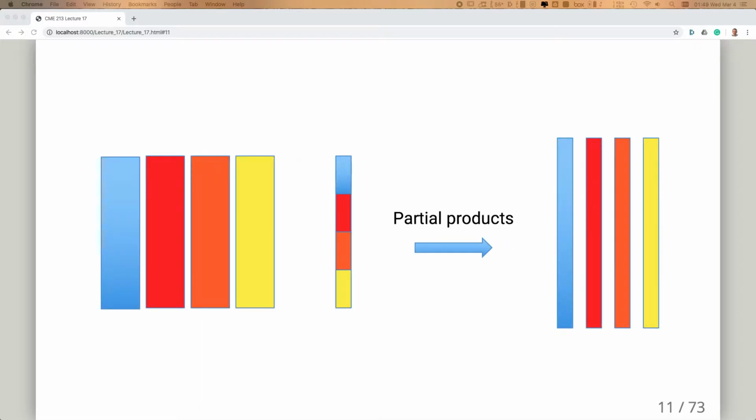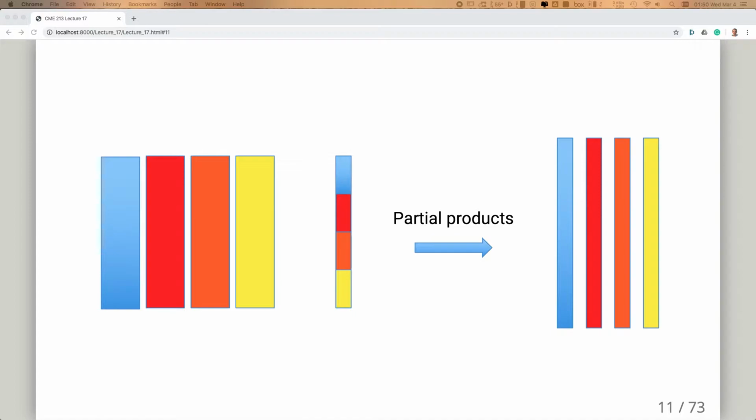In the column partitioning, each process stores a subset of the columns. You have all the rows, but just a few of the columns. Again, you multiply by this vector, but every process has a local copy of the vector. The main difference is that when you start, each process already has all the data it needs.